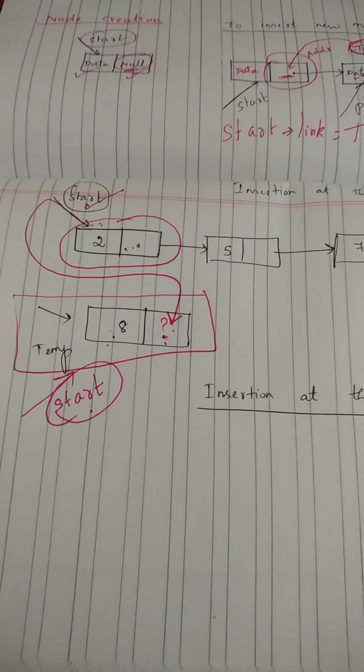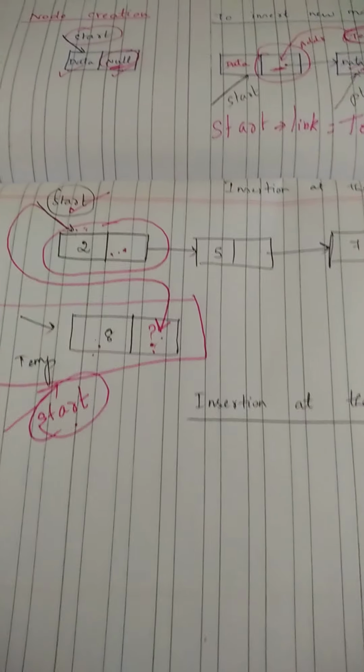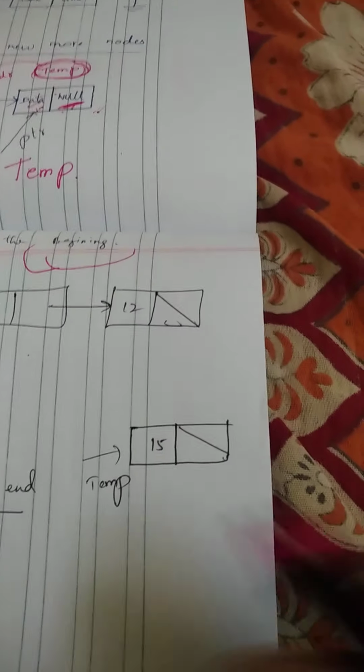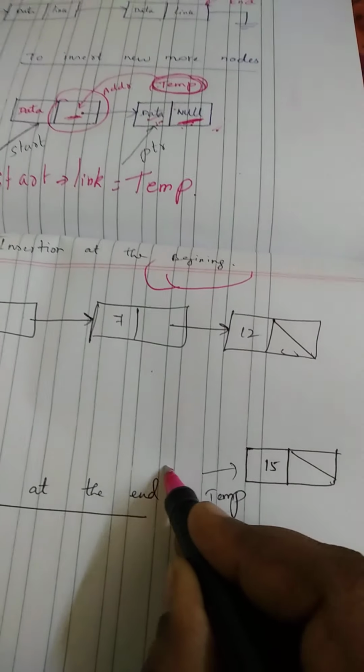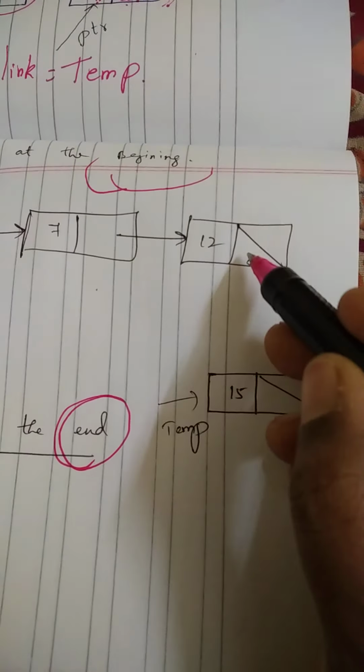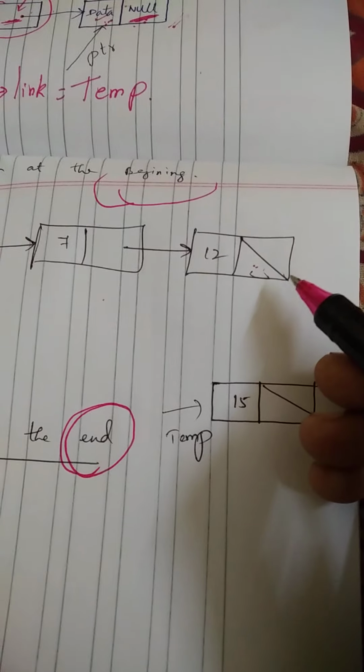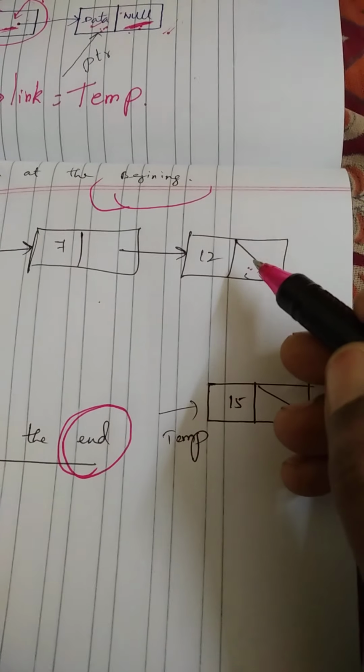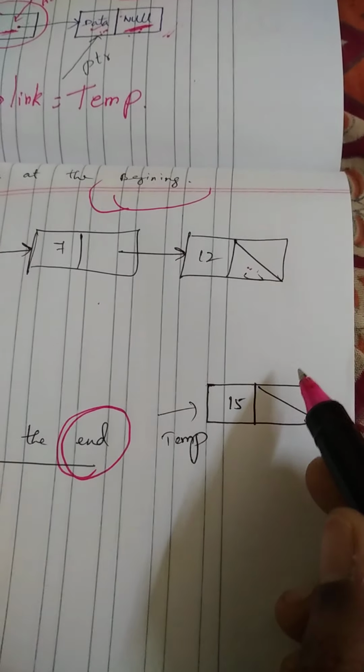So while inserting, you should properly update the pointer values. That's an important task. Second one, how to insert the element at the end of a list. End means here. Once again you have to update the pointer.